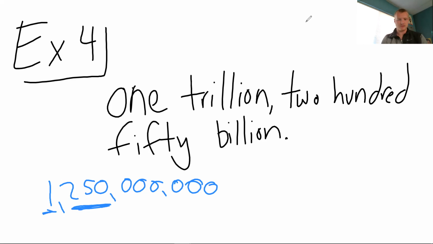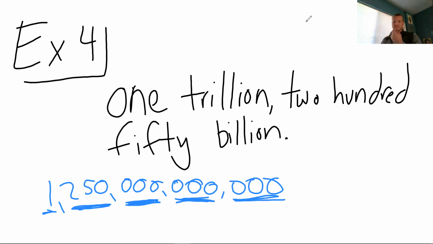Trillion, billion, million, thousand. Need 3 more zeros. Yep, so trillion is the 1, 250 is the billion. Next 3 zeros would be million. Next 3 zeros, thousands, and then the last 3 are the hundreds.